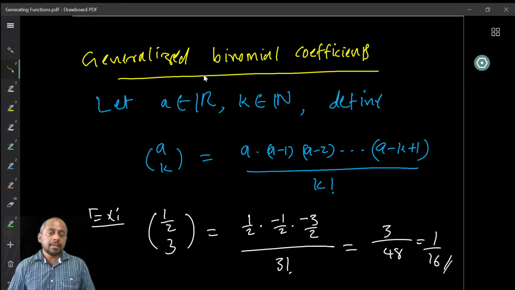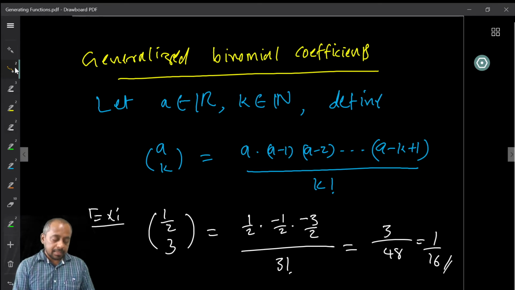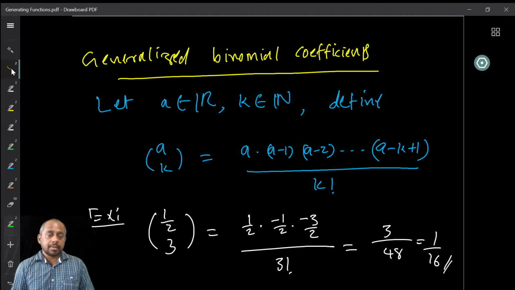Now, on the other hand, suppose you want to extend it to the case where n is not necessarily an integer. The first number is not necessarily an integer. So we are extending it to all the real numbers as follows. a choose k is defined to be a into a minus 1 into a minus 2 into etc., a minus k plus 1, by k factorial.